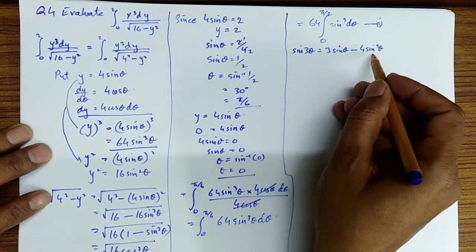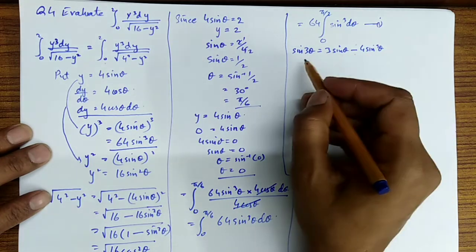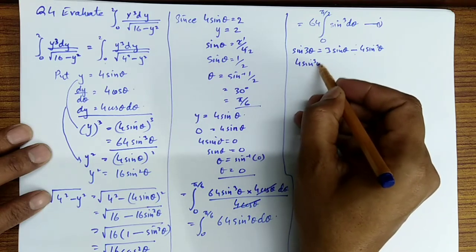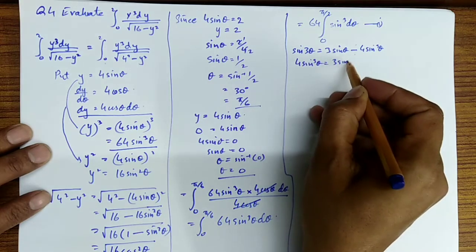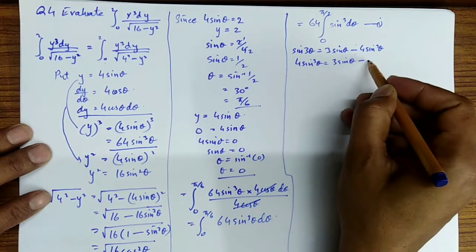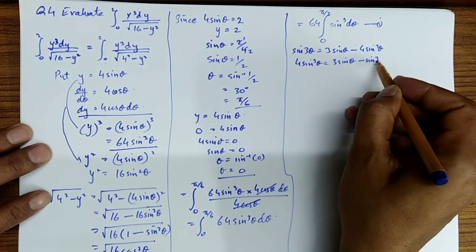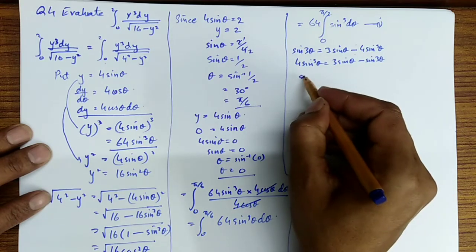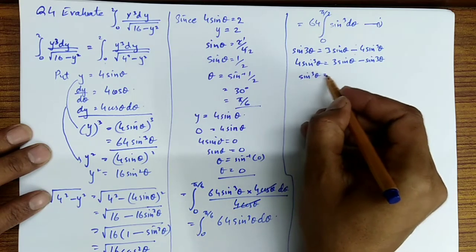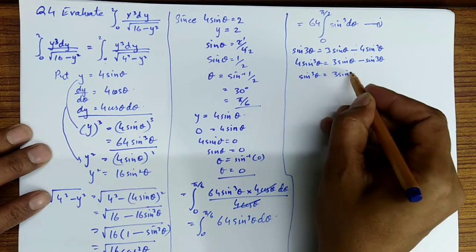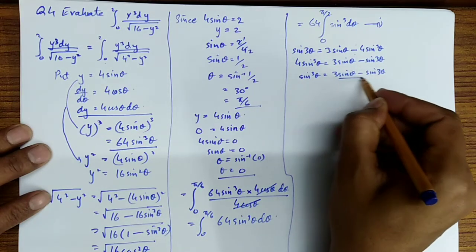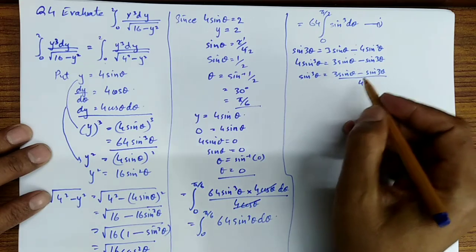And if you take this 4 sine cube theta to the left hand side, it will become 4 sine cube of theta is equal to 3 sine theta minus sine 3 theta, and sine cube of theta is equal to 3 sine theta minus sine 3 theta whole divided by 4.